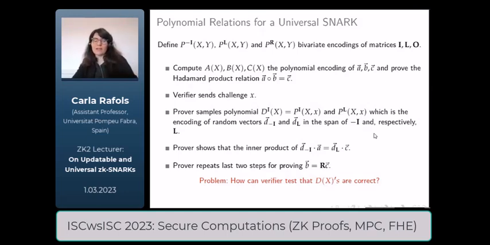So in future work, we actually investigate how to delegate this work to a server so that each prover can be much more efficient, by delegating this public computation, okay?